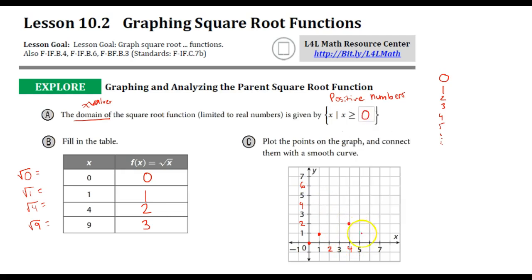And last but not least, 9 and 3. And I'm just going to draw a connecting curve, and I have my graph for part C.